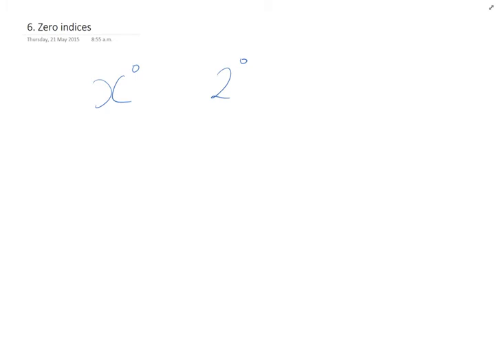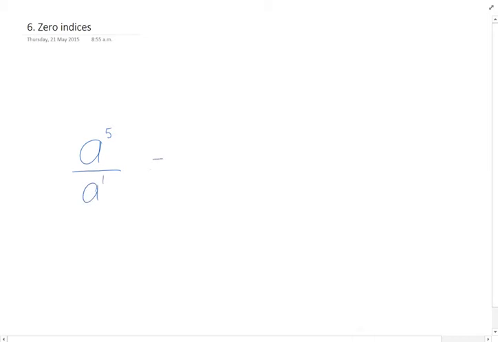To discuss this philosophical question about what the power of zero actually means, we're going to think about what happens as we reduce powers. So, for instance, if we had a to the power of 5, and we divided it by a to the power of 1, we would get a to the power of 4.